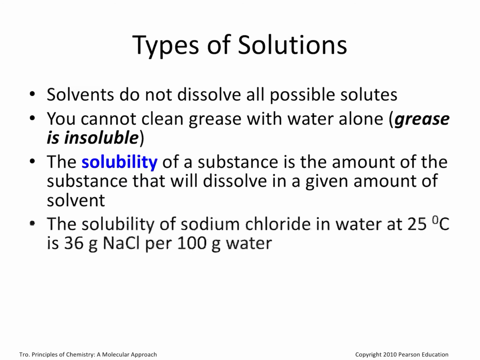So for example, for NaCl, sodium chloride, at 25 degrees Celsius, we can dissolve 36 grams of sodium chloride in 100 grams of water. So if you have, for example, 50 grams of sodium chloride and you want to place it into a beaker with 100 grams of water at 25 degrees Celsius, only 36 grams of that amount will dissolve.